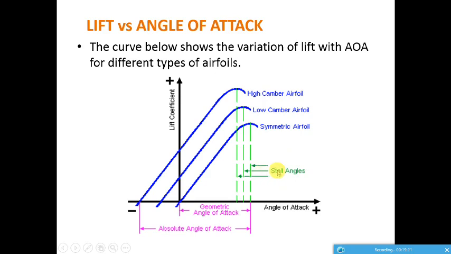So that's called stall angle. Here the first is the curve for a high camber airfoil. You can see that the lift coefficient for a high camber airfoil is greater than a low camber airfoil, which is also greater than that for a symmetric airfoil.